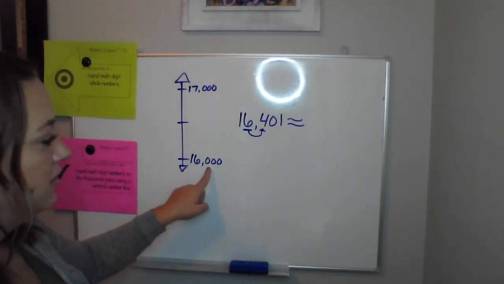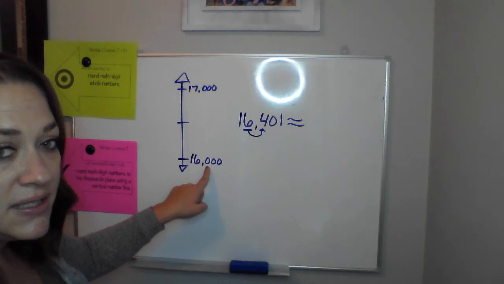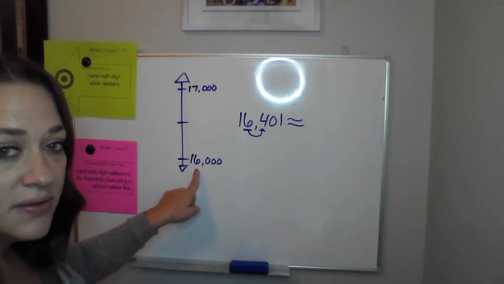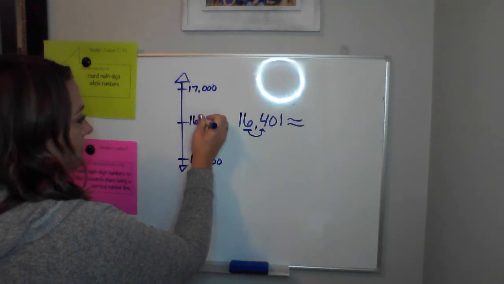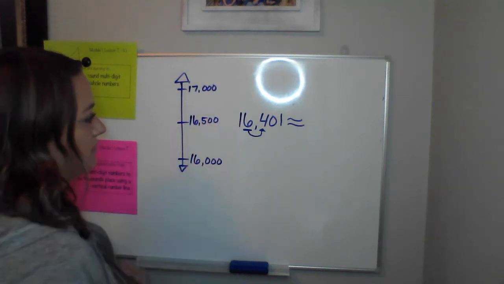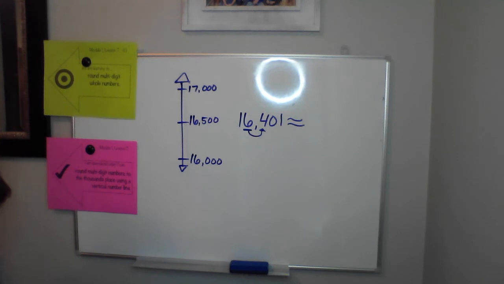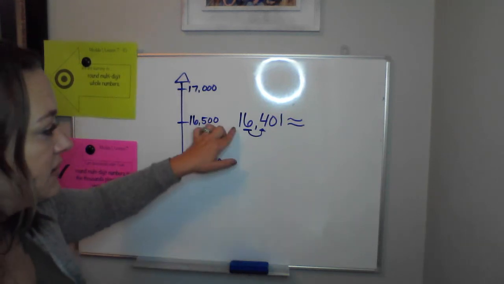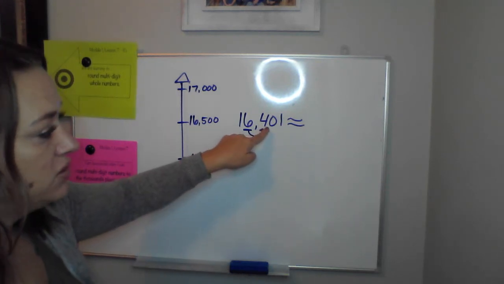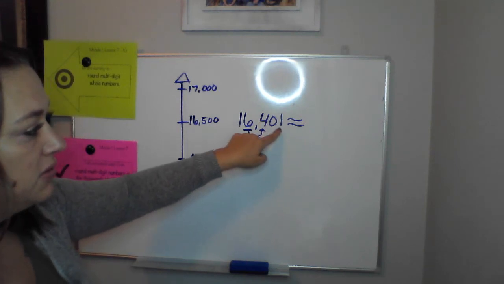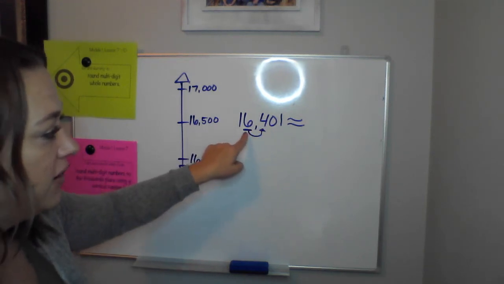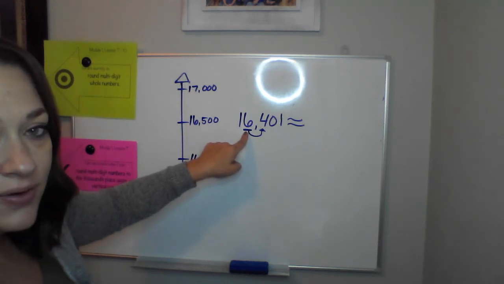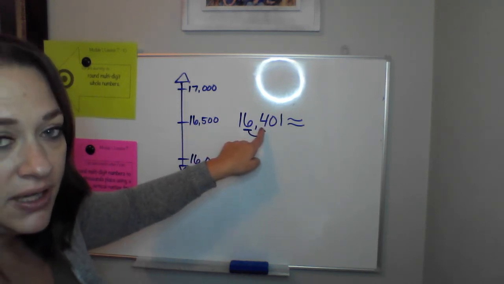Halfway to the right is my hundreds place, so I'd add 500 to that. So it's going to be 16,000 and 500. Okay. So my number is 16,401. The 1 is there, but it doesn't really matter because we look to the right of whatever place value we're rounding to. So we're really just looking at our hundreds place.